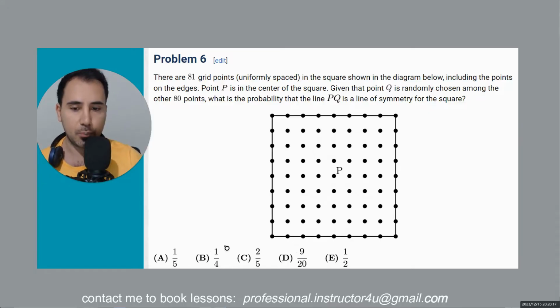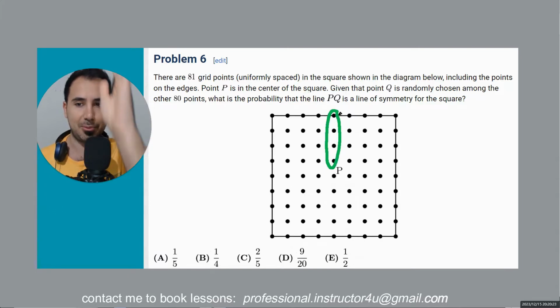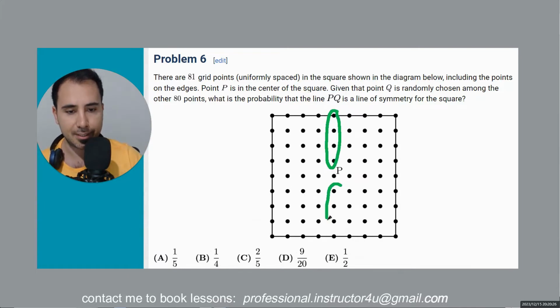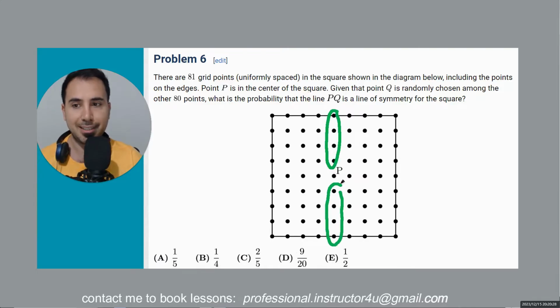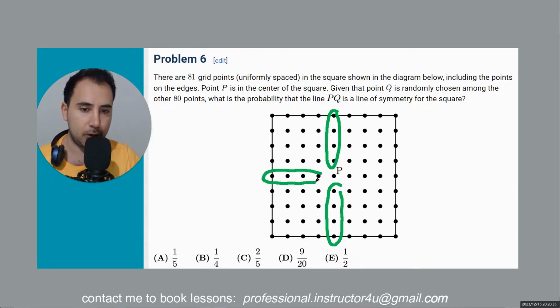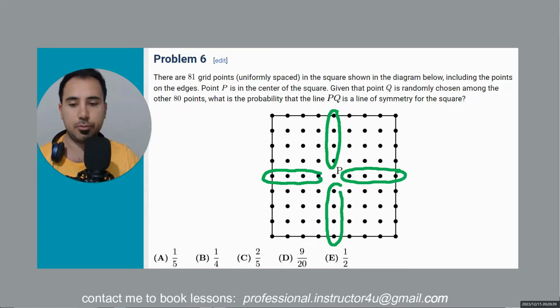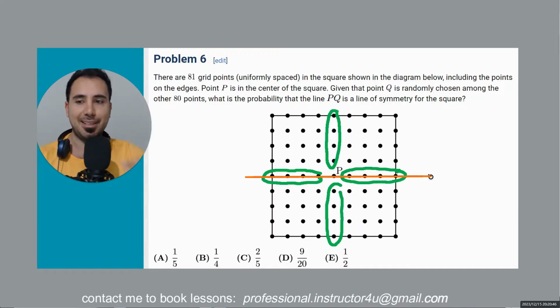Okay, so now what points are like this? These four, if I select any of these four, it'll divide it like this, or any of these four. For any of these, I'll just draw a vertical line like this. And also these four, right? For these four, I could draw this one, so this is going to be the horizontal one.